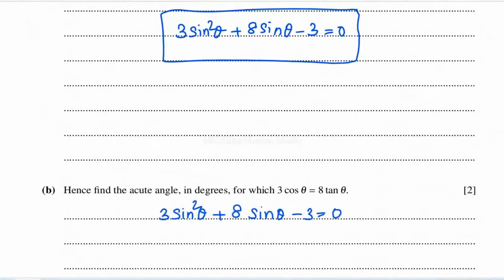Let's factorize this one. The given equation can be written as 3 sin square theta plus 9 sin theta minus sin theta minus 3 equal to 0.